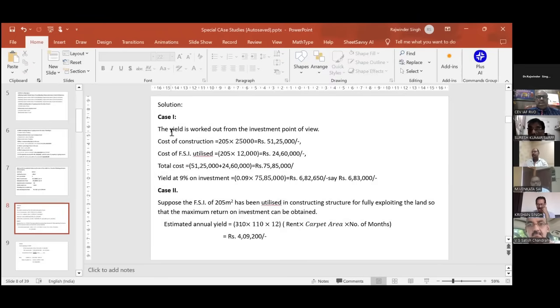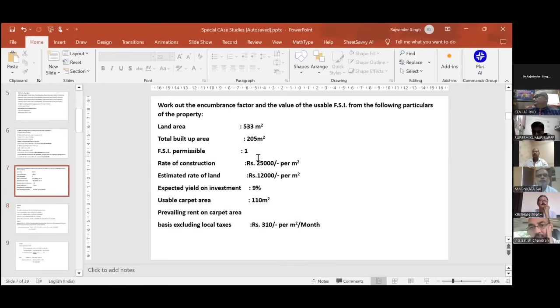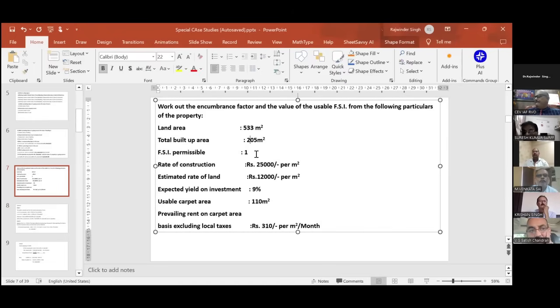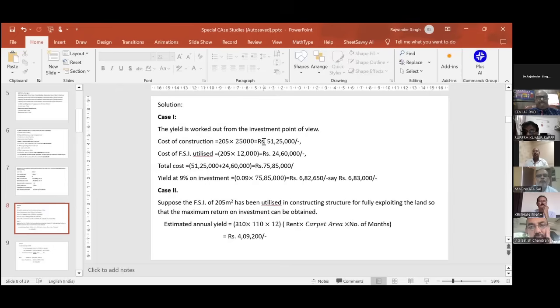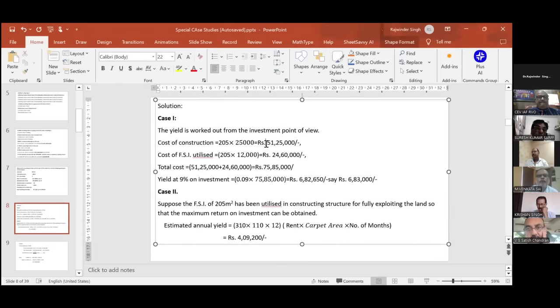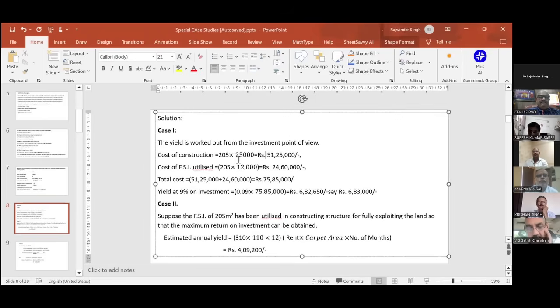Yield is worked out from the investment point of view. So cost of construction: 205 square meter, cost of construction is 25,000 per square meter. Cost of construction is 51,25,000. Then cost of FSI utilized.